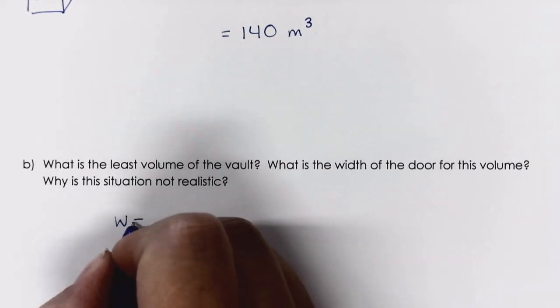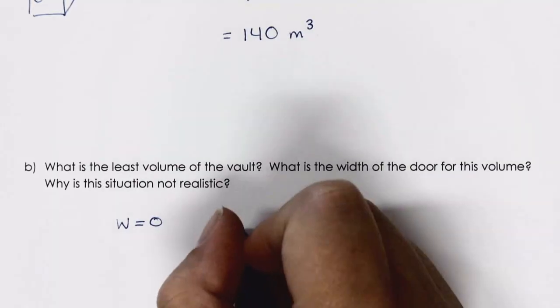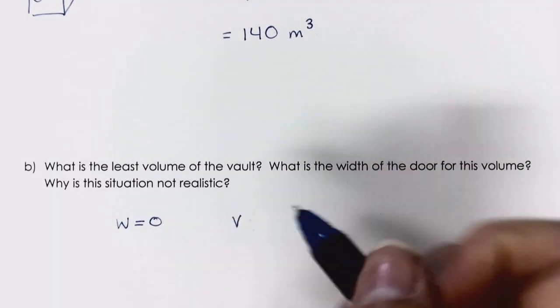How do you calculate for that? Because if you graphed this, your y-intercept is going to be at, if my width is 0, what's my volume? 0. Nope, 72. 72.